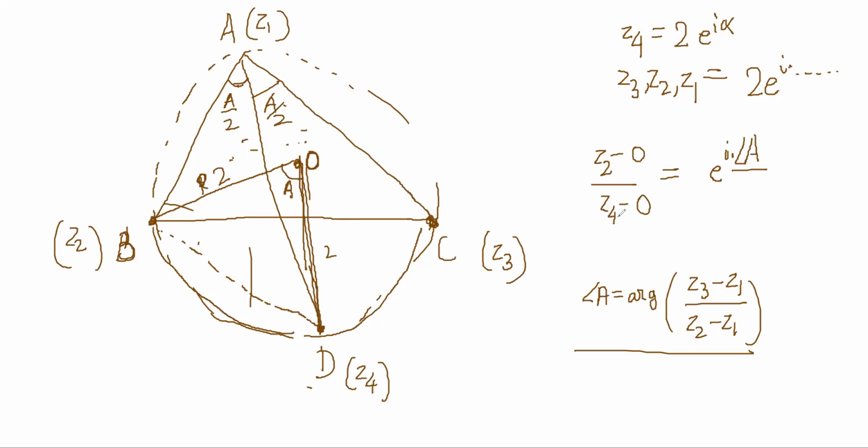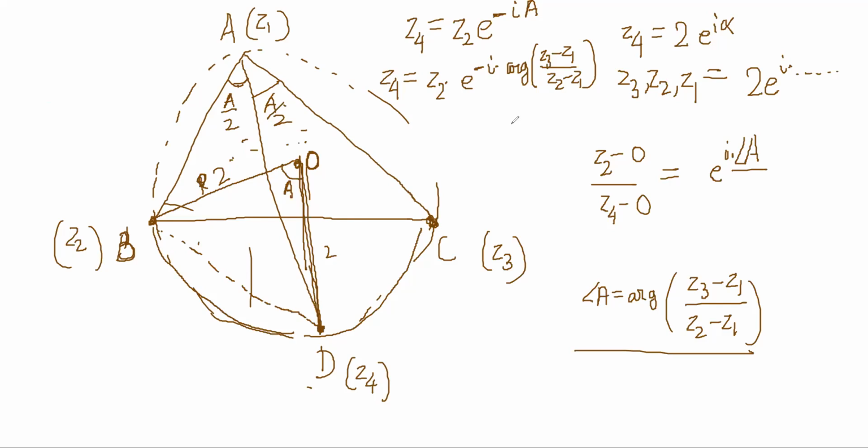So we can say that Z2 by Z4. So basically Z4 is equal to Z2 e power minus iA, right? Correct? Z4 is equal to Z2 e power minus i argument of Z3 minus Z1 by Z2 minus Z1, correct?